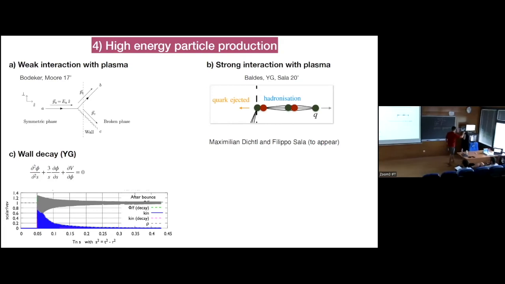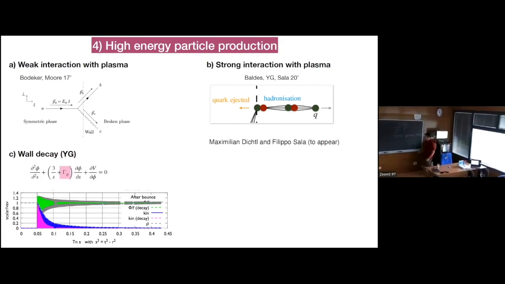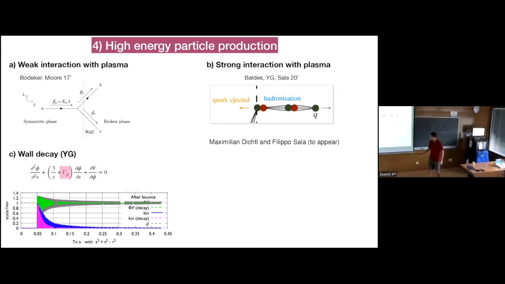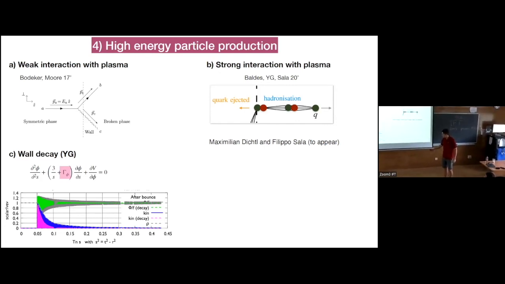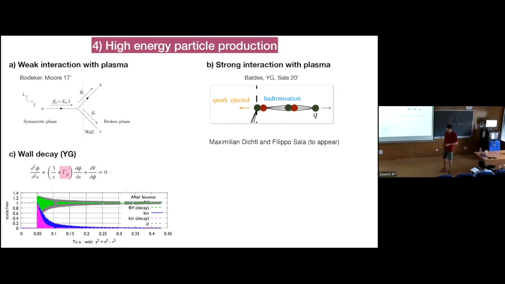But now what happens if you introduce the wall decay? So now we allow the phi to decay, and then you see that part of the energy density of the wall, so blue, becomes pink. So if you do the difference, blue minus pink, you get missing energy, which goes into decay product. So the wall decays, and this decay product should follow the wall.